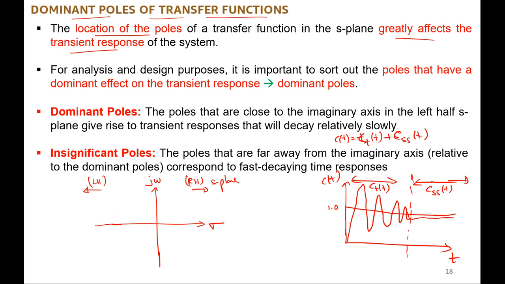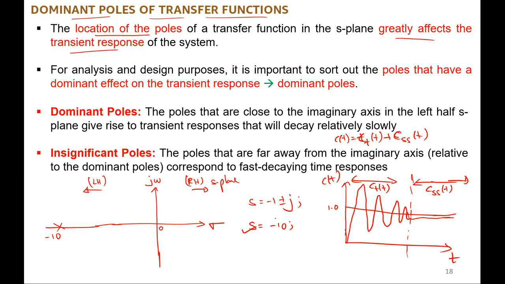Just let me explain this. Let me assume that the complex conjugate poles are, for example, minus 1 plus or minus j, and another pole s equal to minus 10, for example. So let me locate these poles. S equal to minus 10 I will locate here. This is s equal to minus 10. This is the origin, right?